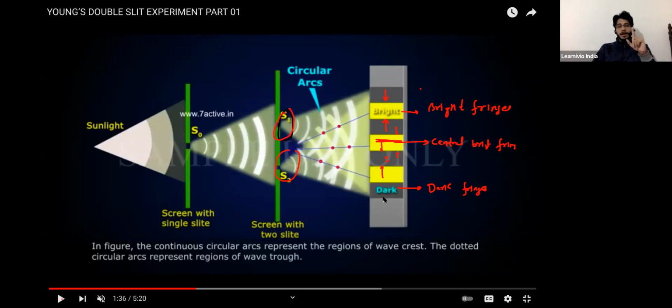Dark doesn't mean they are black. Dark means they have less intensity as compared to the bright fringes, and the intensity is significantly less. Like if bright fringes have intensity of 4I, dark fringes will have intensity of I by 4. So the intensity is very, very less as compared to bright fringes. They are not comparable, but dark doesn't mean zero intensity.